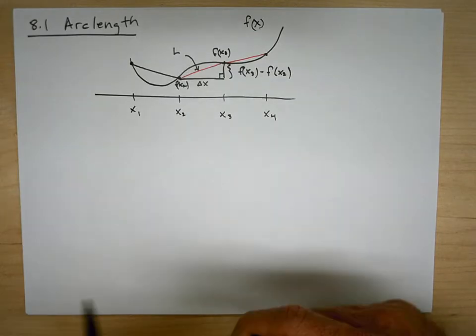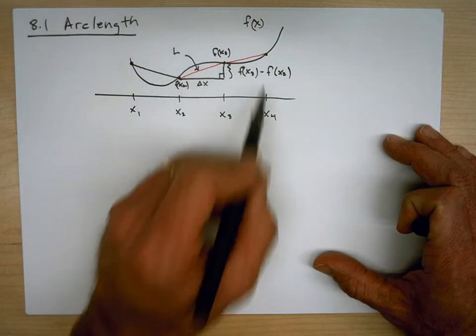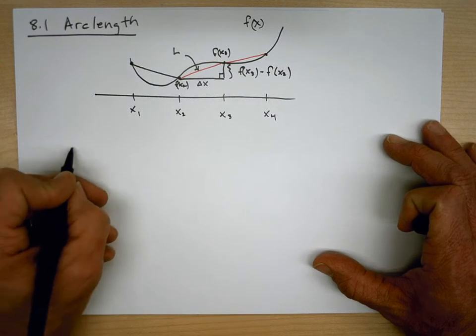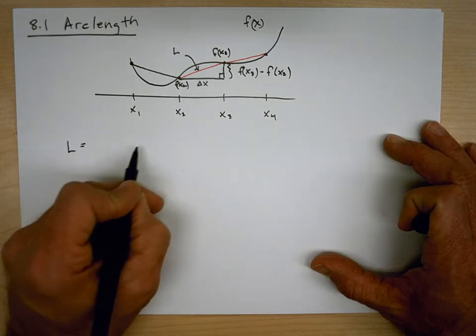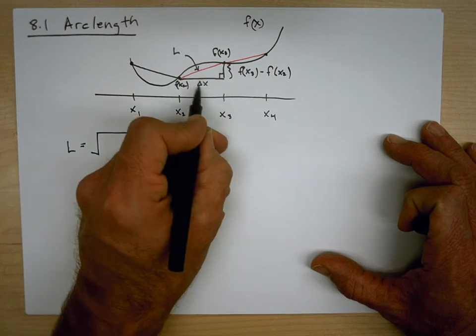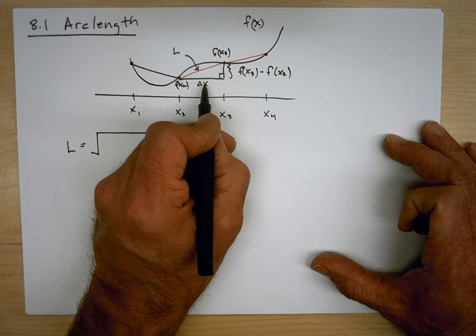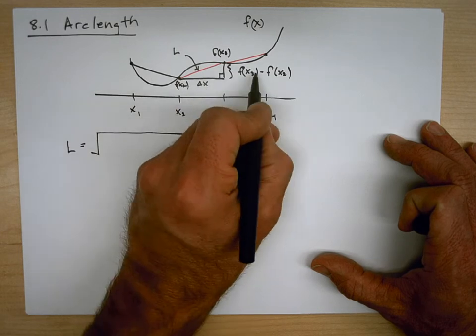Okay, so since we have a right triangle, we can use the Pythagorean theorem. Let L equal the square root of, we want the hypotenuse here, so it's the square root of this side squared plus that side squared.